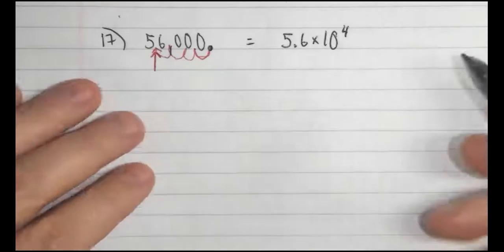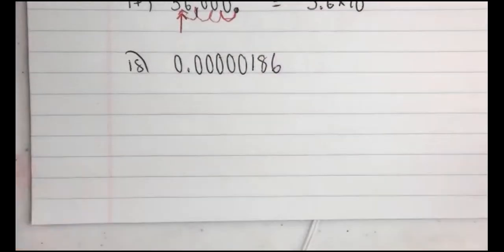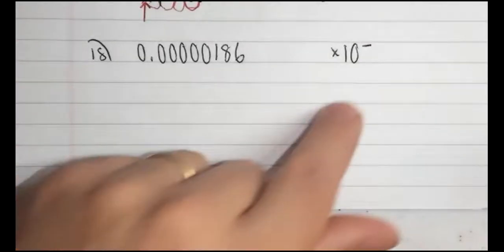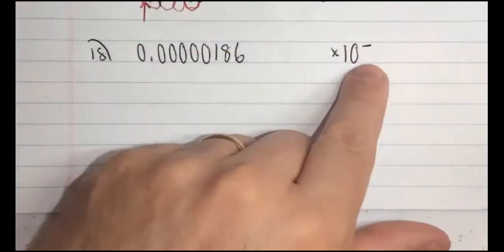And we have another example. All right, so we know this is a smaller number. So in our minds, hopefully we know whatever our answer is going to be, it's going to be to a negative exponent.